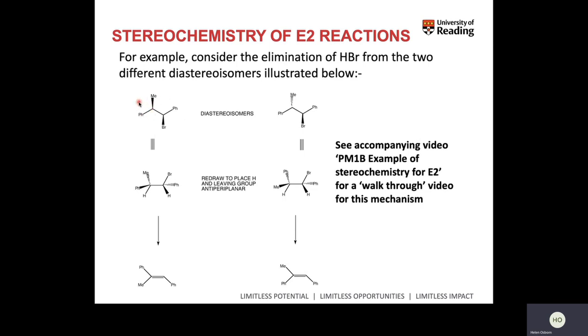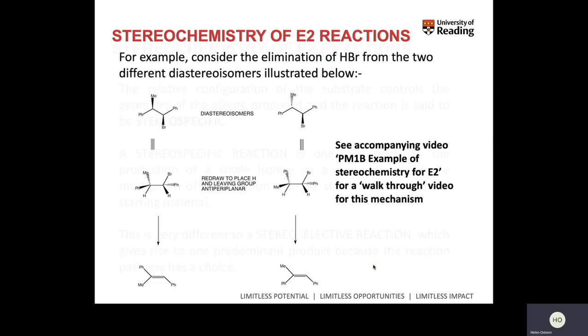So what we've exemplified here is that in the E2 reaction, if you have one isomer of starter material, you get one isomer of product due to the mechanism of the reaction, the fact that it occurs through the anti-periplanar arrangement. If we had the different isomer of starter material here, we ended up with a different isomer of product, again due to the reaction mechanism that occurs through the anti-periplanar arrangement for the transition state.